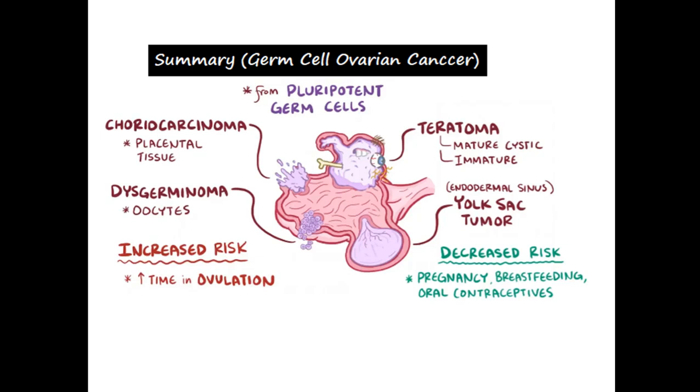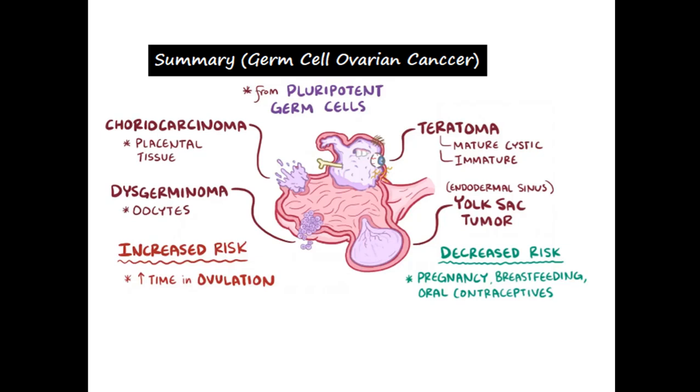It is a malignant tumor. The second tumor, the endodermal sinus tumor or yolk sac tumor, arises from the precursor cells that give rise to the yolk sac, which provides nutrition to the embryo.